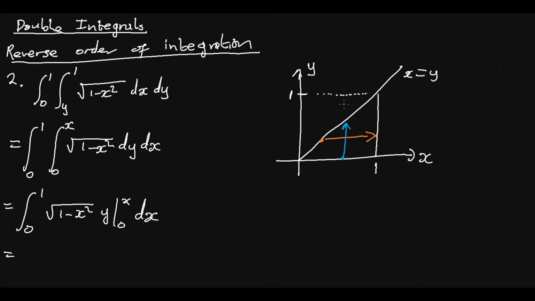So therefore means we're having 0 to 1 x, this limit 1 minus x squared. The lower limit is a 0, and then it will give us a 0 basically. So I will omit it. Then we're having a dx.